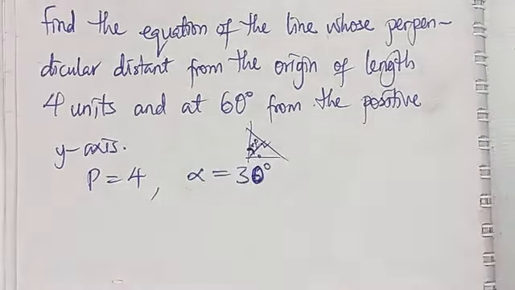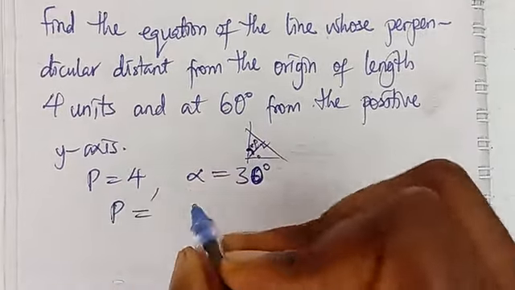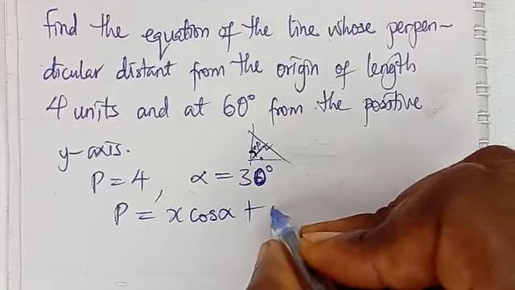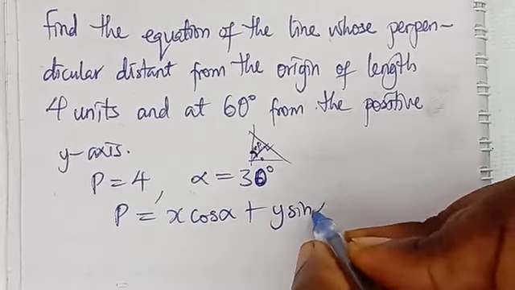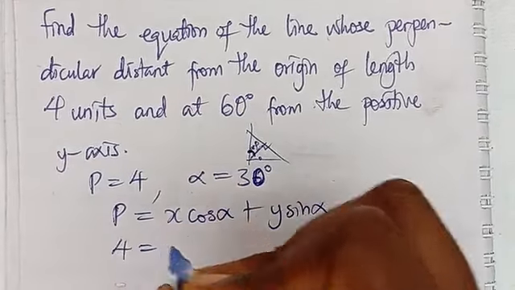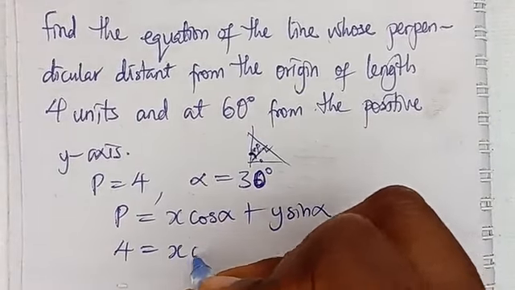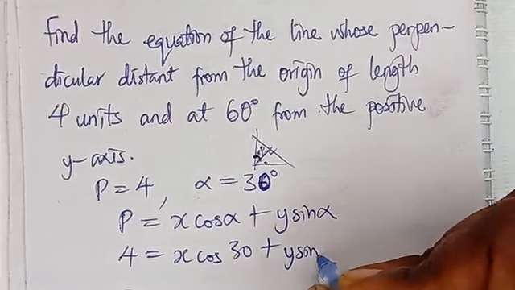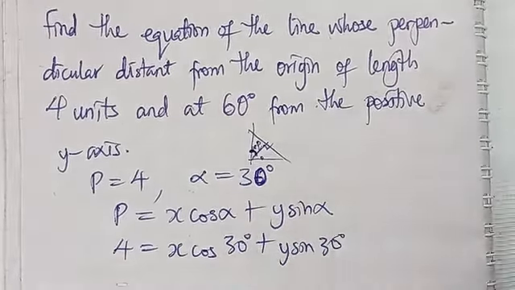Okay, so now let's substitute. We have that this is equal to x cos alpha plus y sine alpha. 4 is equal to x cos 30 plus y sine 30 degrees.